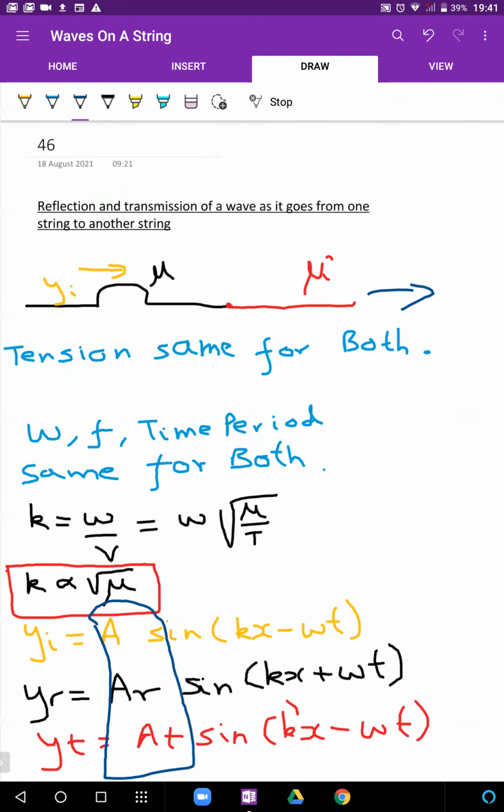Can you think logically what could be a relation between A, AR, and AT? The hint is it's of the form something is something plus something. Logically think, if you write A, AR and AT in the form something is something plus something, what will come?